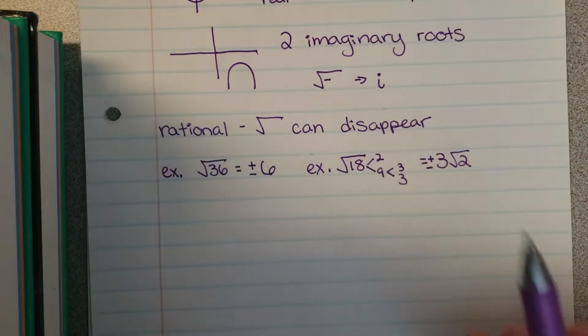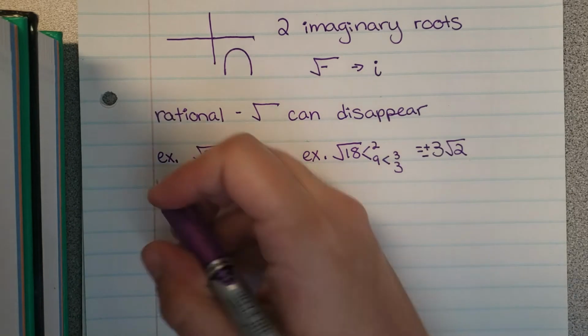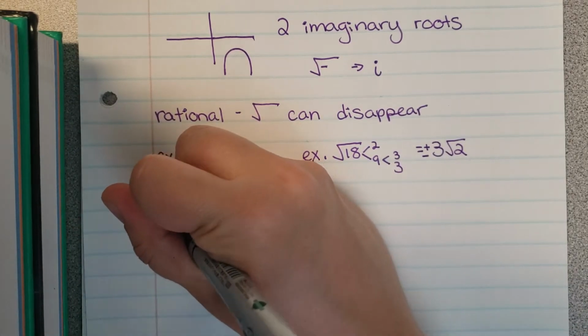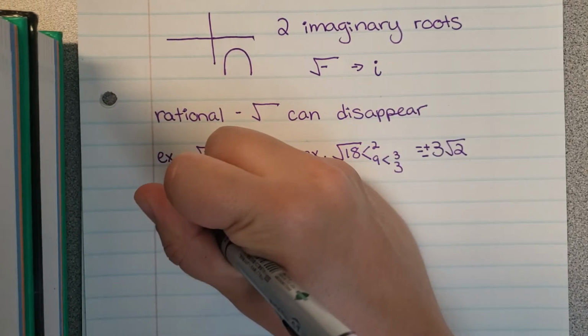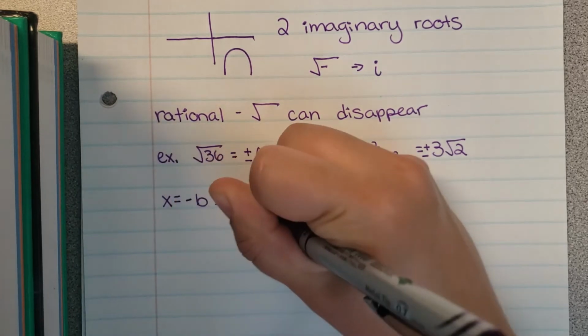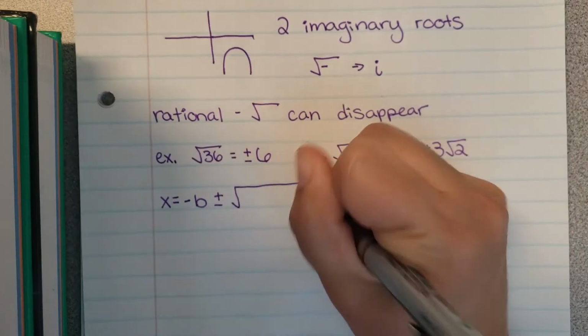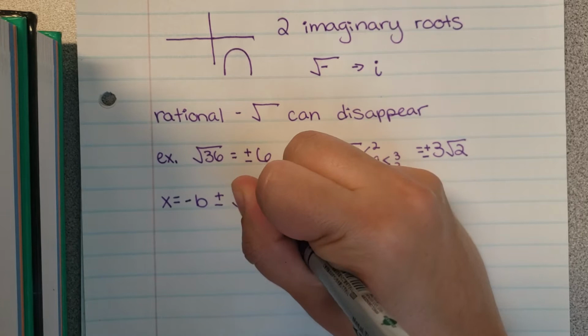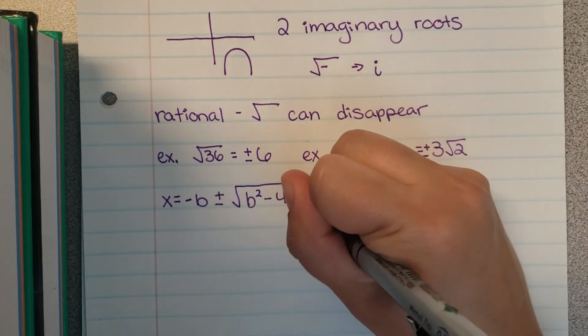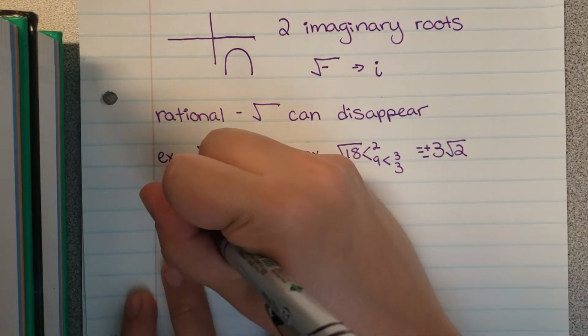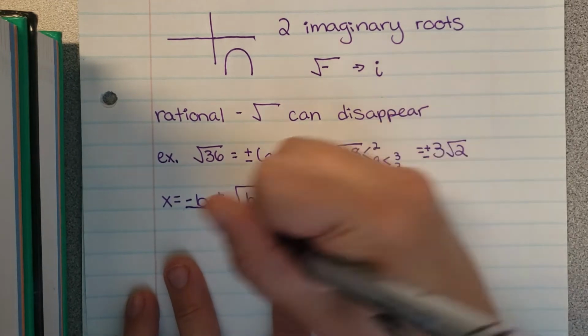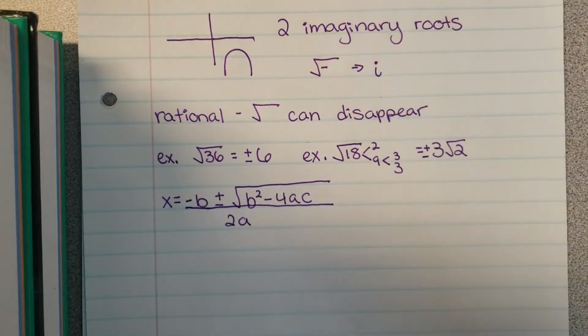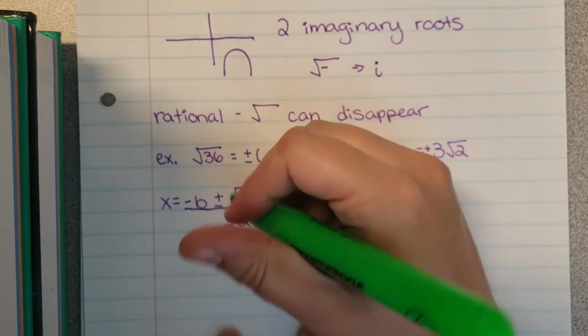We are going to learn what the discriminant is. So earlier in the unit, you learned the quadratic formula, which is x equals negative b plus or minus the square root of b squared minus 4ac all over 2a. The discriminant is a special part of the quadratic formula, and it is the piece that lives underneath the radical.